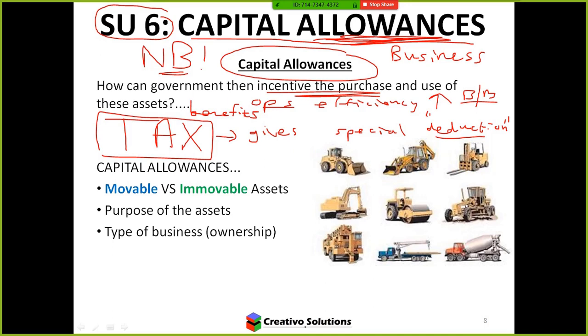Would you agree with that? Yes, true. So if government can incentivize businesses to grow, the growth of those businesses will lead to more taxes later on when those businesses generate more income. And that's the why. That's why we have this as part of the tax system.